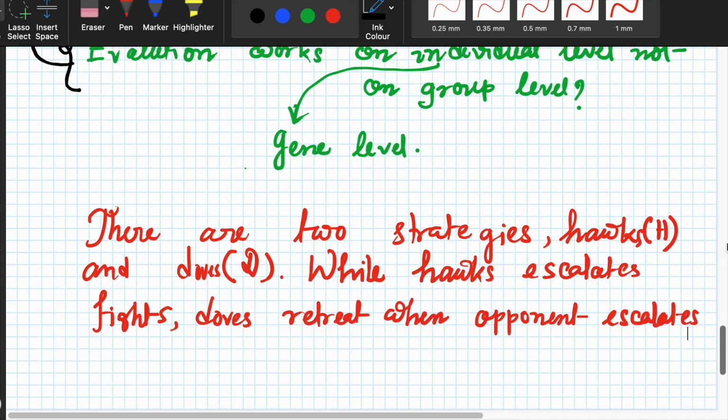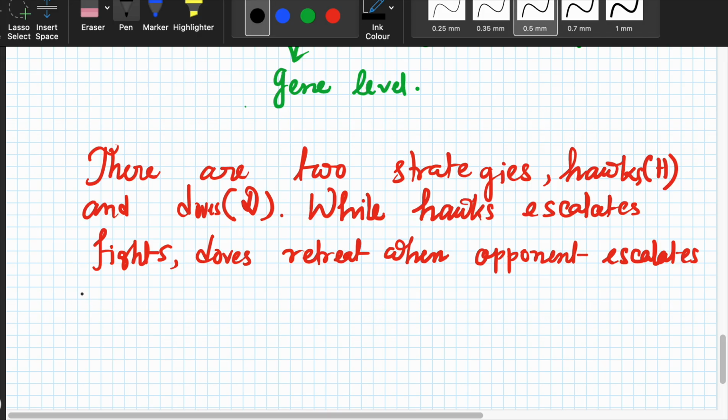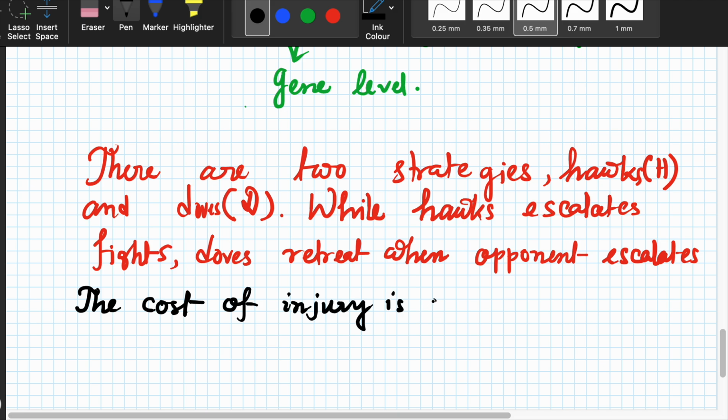So there are these two strategies. Now the cost of injuries if they fight seriously: suppose the cost of injury is C.